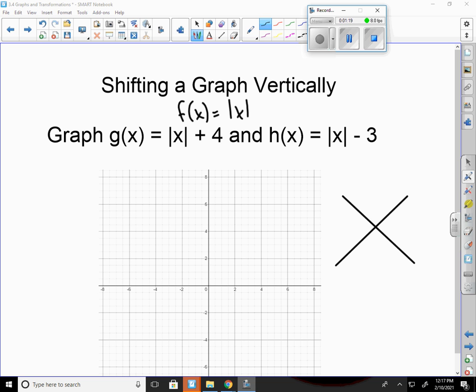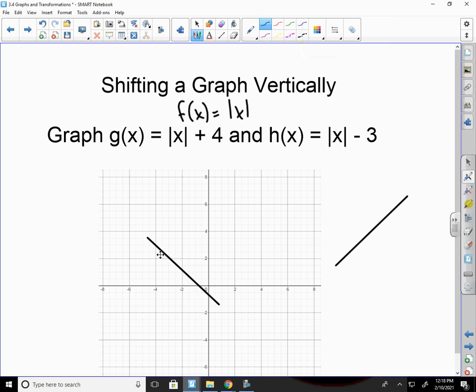All right, so then if I'm shifting it up vertically, the plus 4 is outside of the brackets, which means it's going to be a vertical shift. My original parent function would be down here at 0, 0. Then if I'm shifting it vertically, that would mean I'm going to take the whole thing and shift it directly up 4 units.